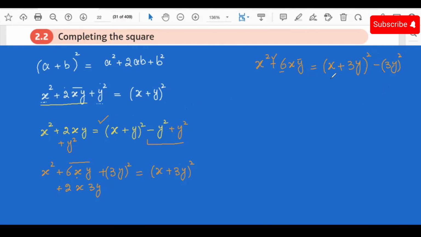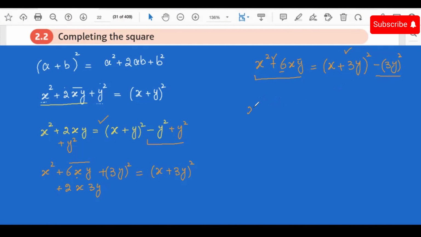What we have done is convert these two terms into the form of a square, and we have also compensated to make both sides equal to each other.